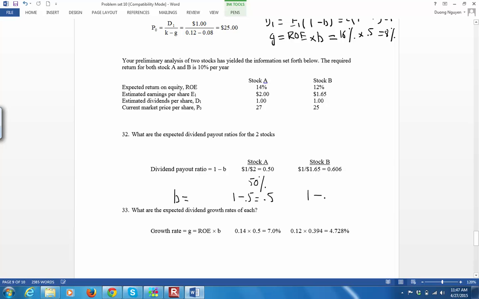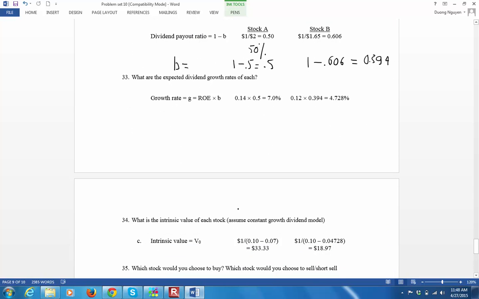For the other, 1 minus 0.606 is equal to 0.394, or 39.4%. The growth is ROE times B, so 0.14 times 0.5 equals 7%. For the other, ROE of 12% times 0.394 equals 4.728%.